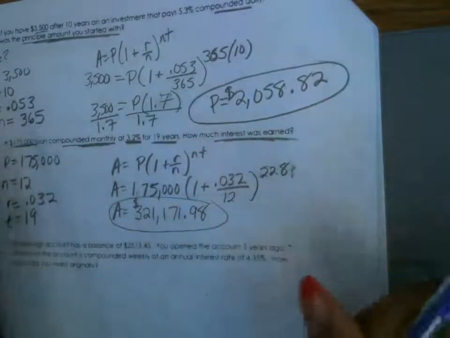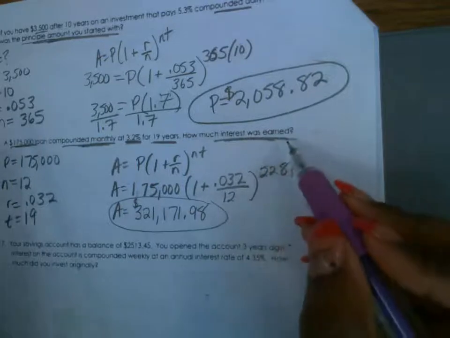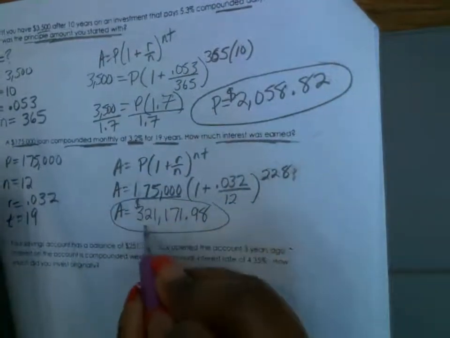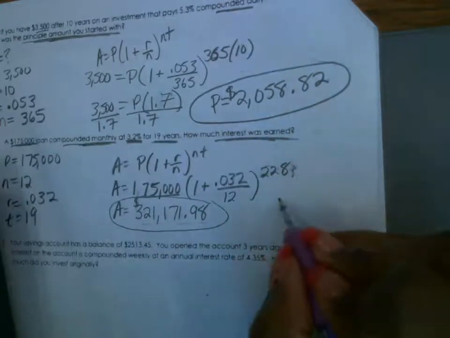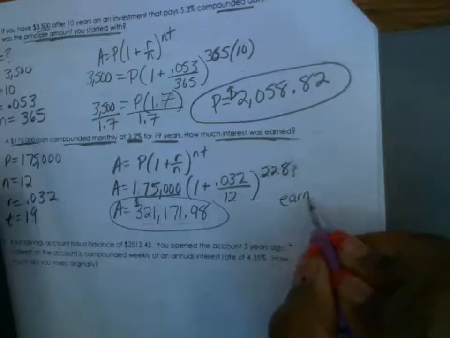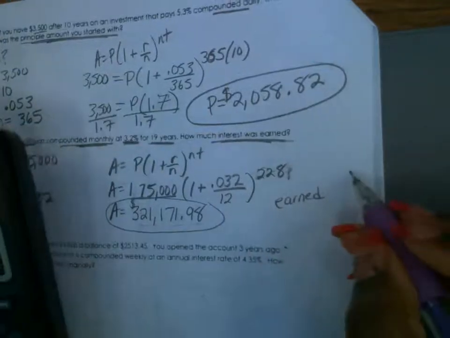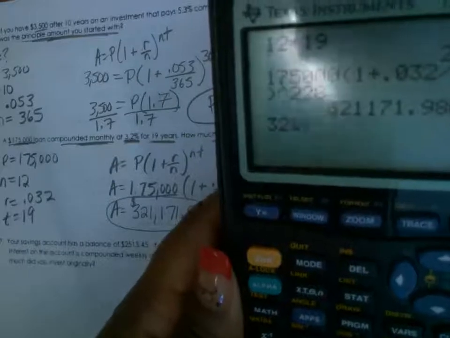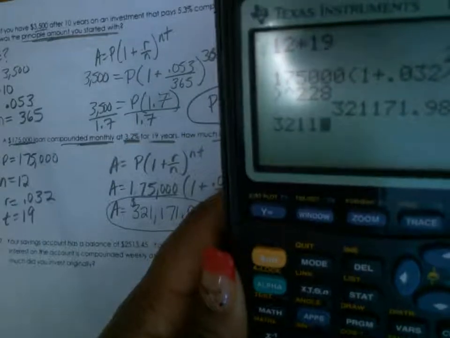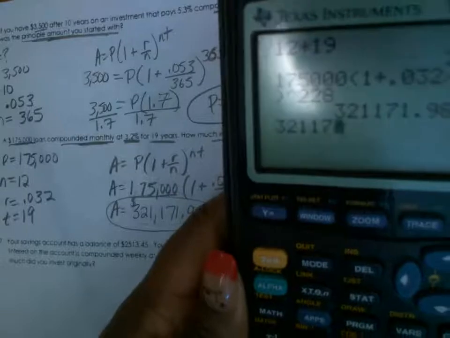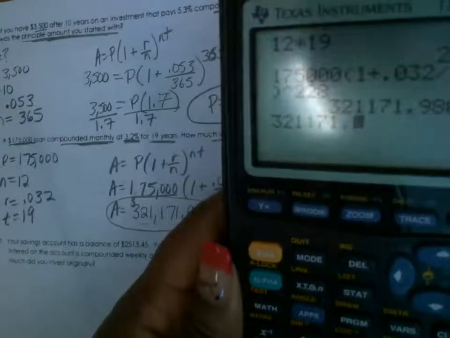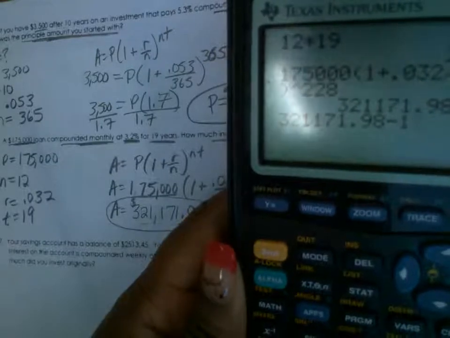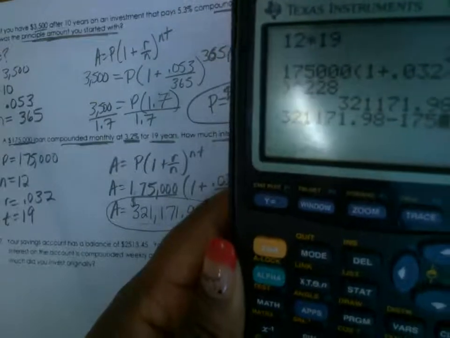Okay, that's your final amount, but they want to know how much interest was earned over those years. So if you started off with this and you ended with this, you just subtract those values to figure out what was earned. So the earned amount is going to be, let's subtract them, $321,171.98 minus your starting 175,000.